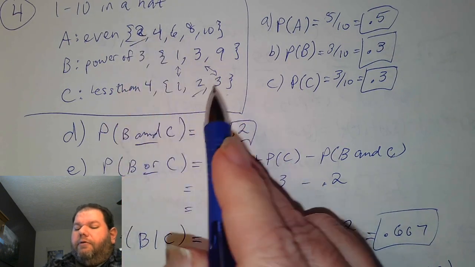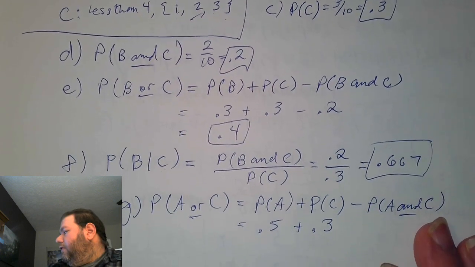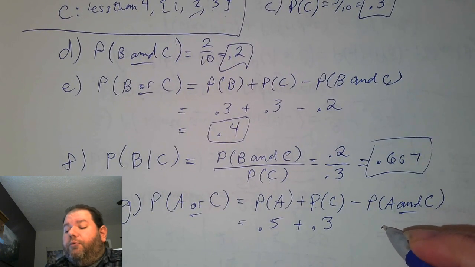So they have the 2 appearing in both lists, so that's the only one that's in common between them. So it's 1 out of 10 or 0.1.